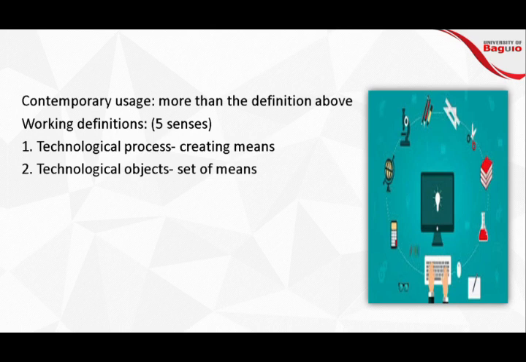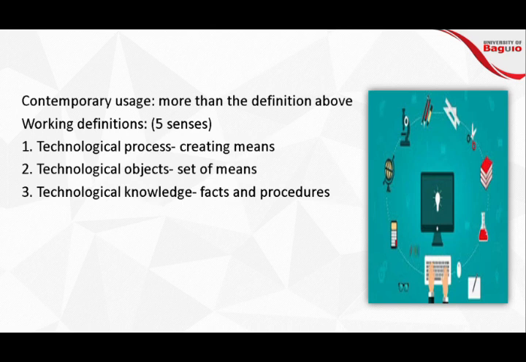Okay? And in the third working definition, we have what we call technological knowledge. Technological knowledge is composed of facts and procedures. Okay, so what does it mean? Technology is the knowledge that makes the technological process possible.